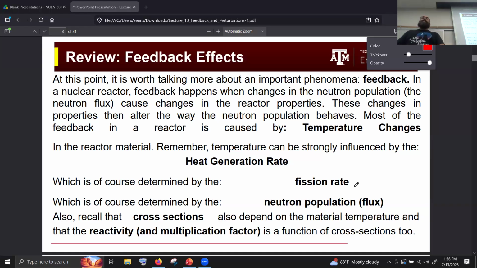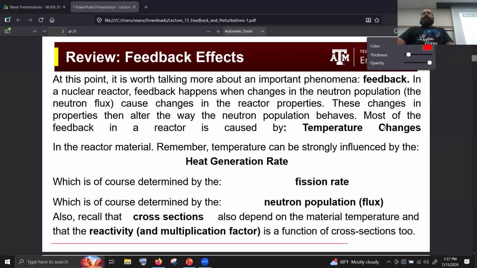When you make some change to your system, it impacts other things, so if you have some reactivity insertion or removal, there are changes to the system that occur as a result, which then end up affecting the reactivity again. That is what feedback is about: how some change in reactivity might impact the reactivity because of how the system responds to that change.